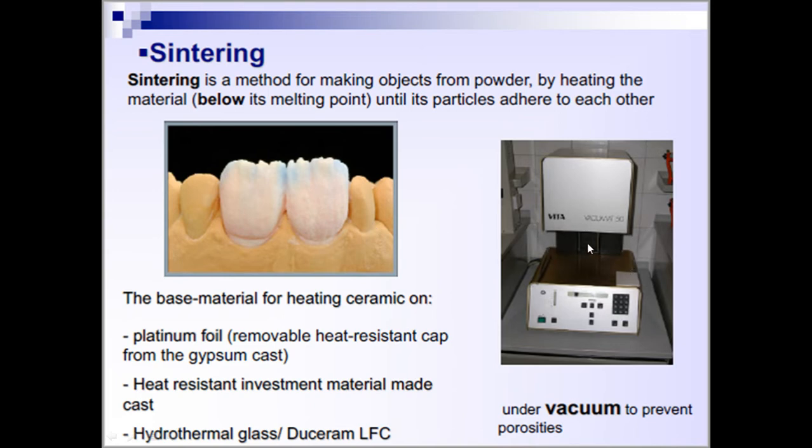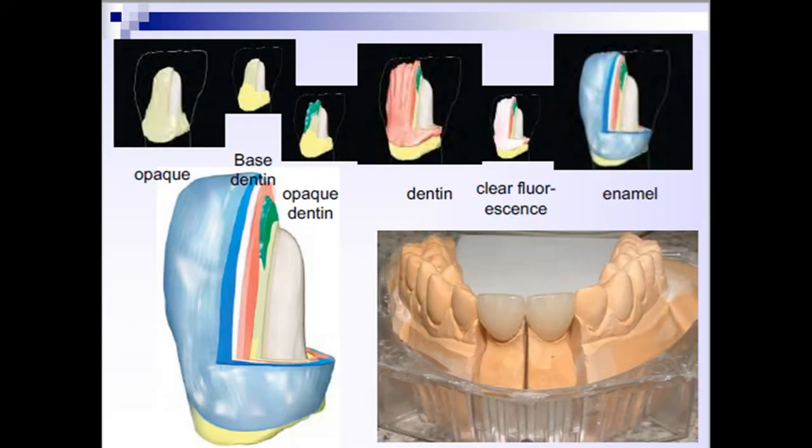When we place those restorations in this furnace at a certain temperature, they're going to get baked. That is, they're going to get heated at certain temperatures, so that we get a proper restoration like this what you are seeing over here.